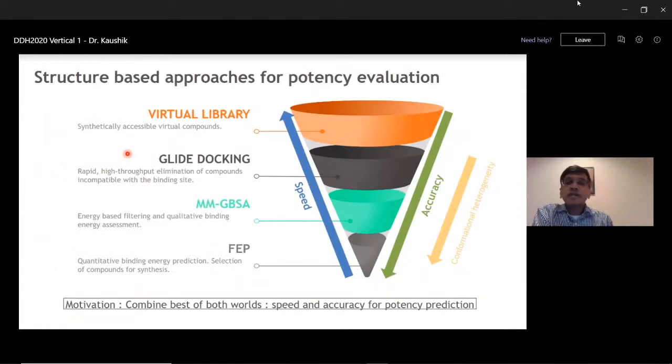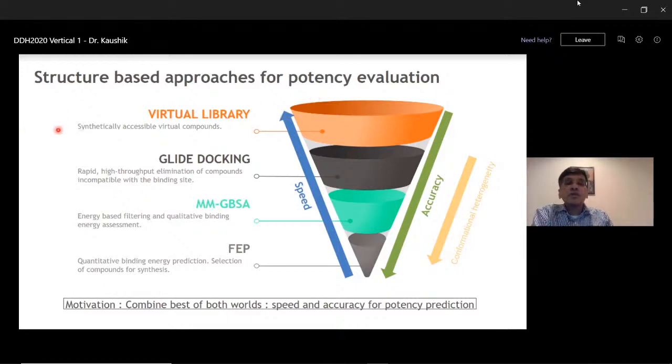So when you look at typical structure-based approaches in the context of potency evaluation, a typical observation is that the accuracy of prediction for a given method and the speed of calculation oftentimes don't go hand in hand.